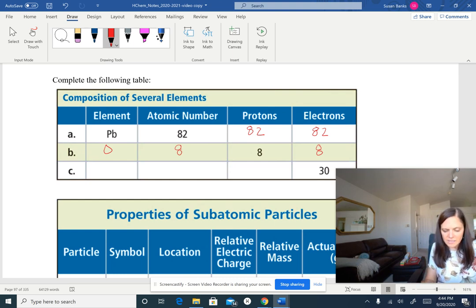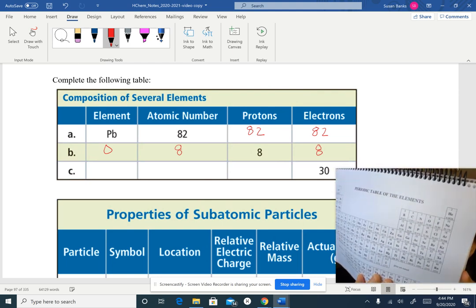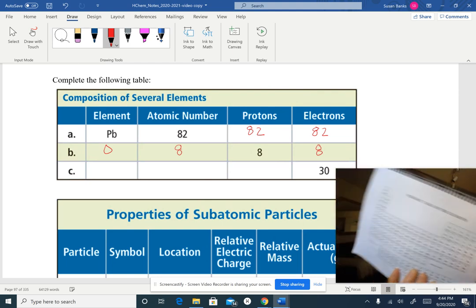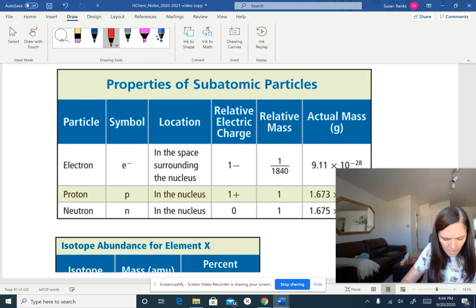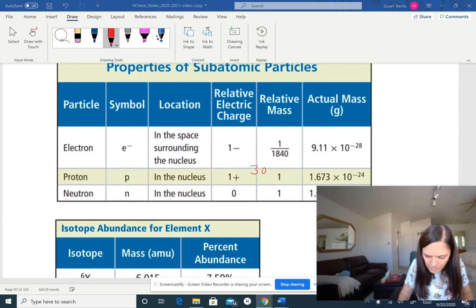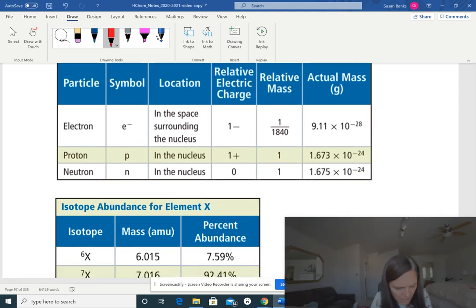If I look on zinc, zinc is 30. So that will give me zinc. I have 30 protons, 30 electrons, 30 is my atomic number. Okay? So just a little bit of what we have going on here.